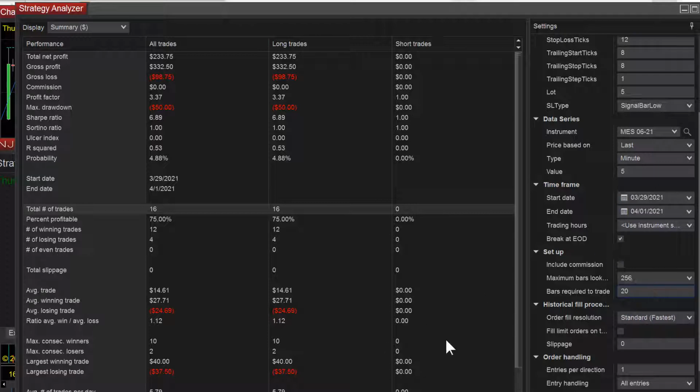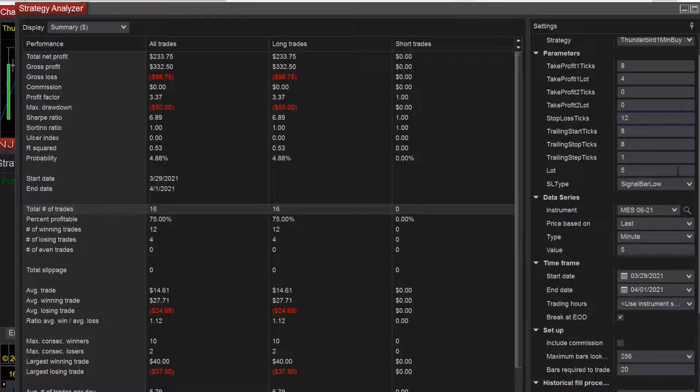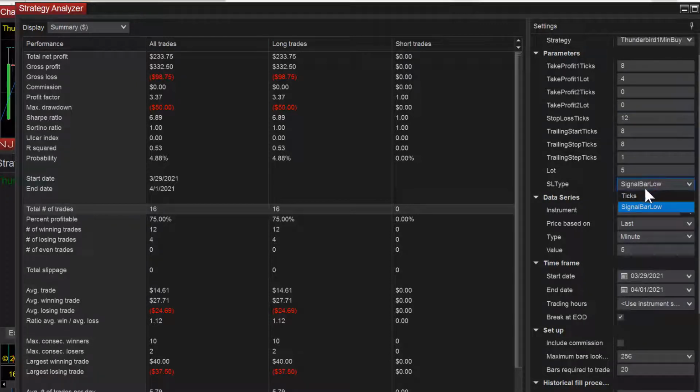Now I looked at both of those. I saw two losing trades. I'm curious to see if it was the candles that were too close together. You know, we're using the candle bar low. So let's change that to ticks, and I want to put this to 20.